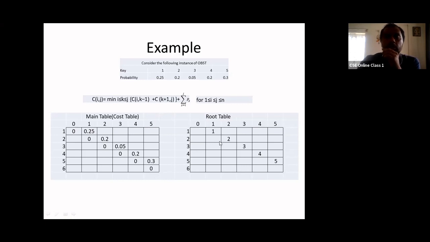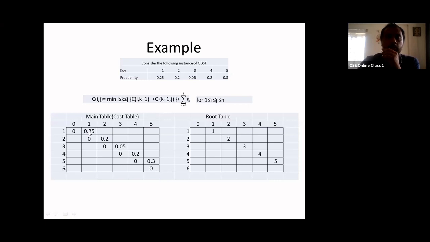In the root table, the principal diagonal we will leave as empty. The reason in this case is we have not constructed a tree, and there is no option for us to choose a key. Then the second diagonal after the principal diagonal, which we call stage 1. Here we have one key, 1 to 1, so we can construct only one tree out of that.